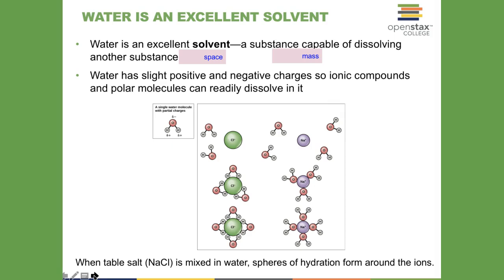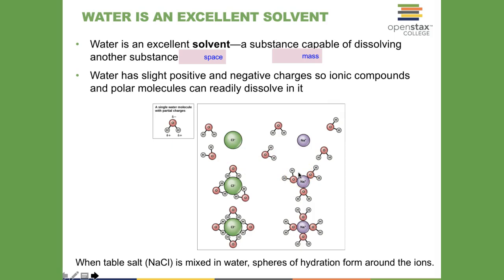So, for an example here, this little molecule right here, which is your oxygen, your hydrogen, that's your water. So remember, oxygens and hydrogens, they have negative and positive properties, okay? So here comes your chlorines, here comes your sodiums. That's your table salt.